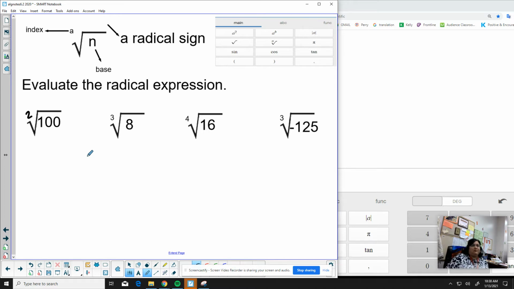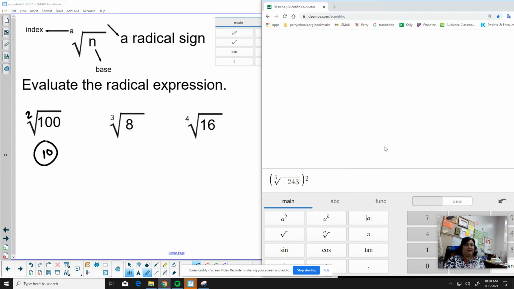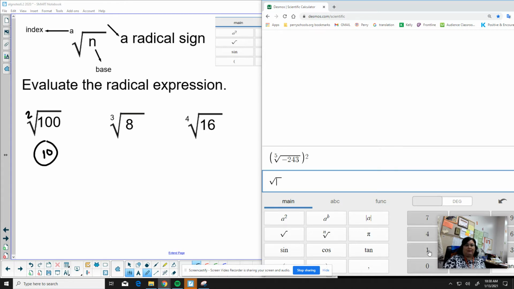Okay, so for the square root symbol, if we wanted to use the Decimals calculator, we all know that the square root of 100 is 10. On the calculator, we could click on just the square root and then the number 100, and that would give us the answer of 10.